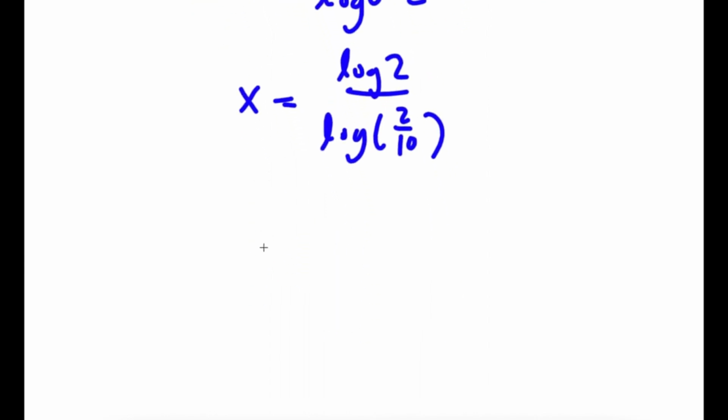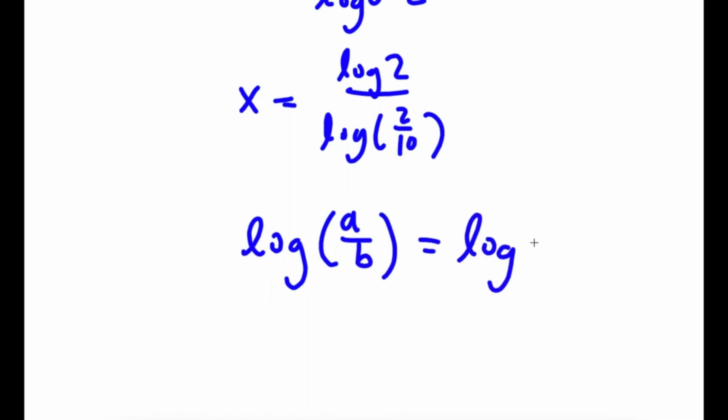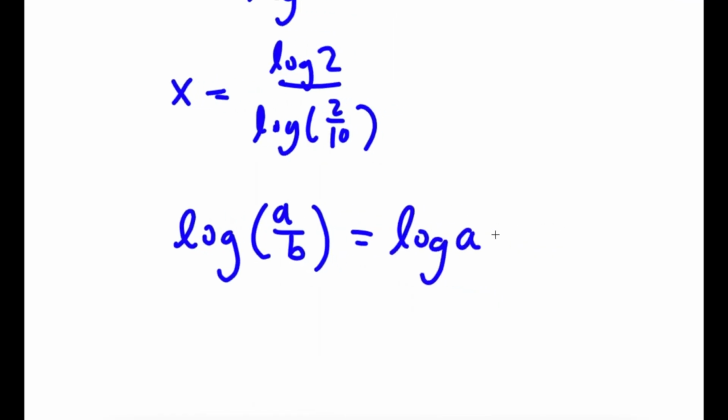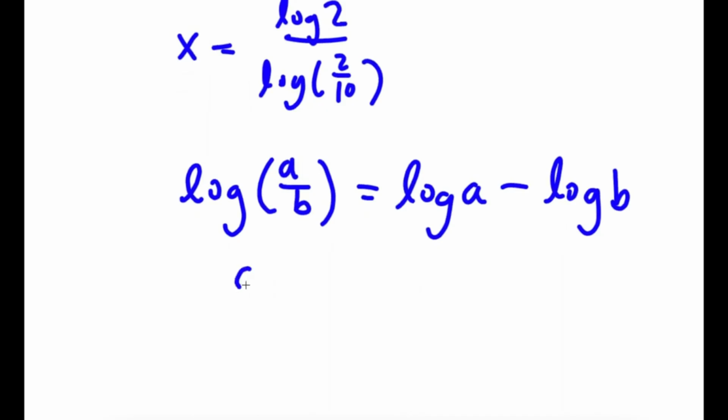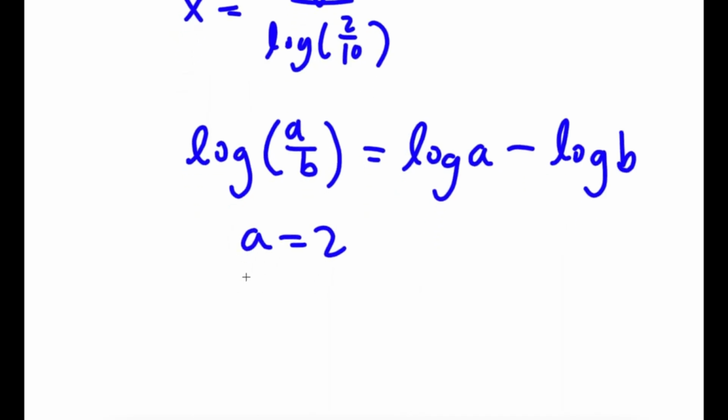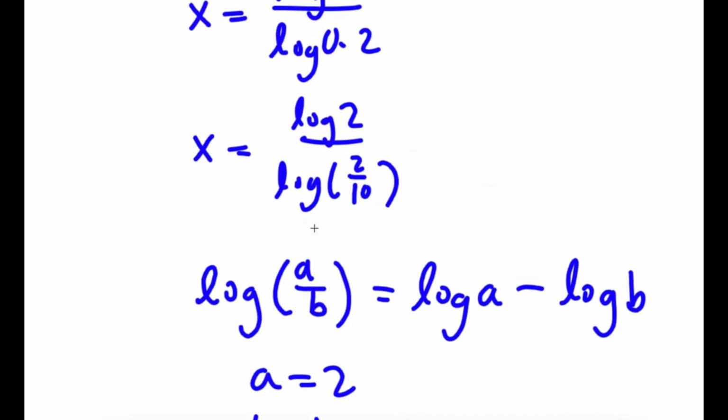And if I have something in the form log a over b, this is simply equal to log a minus log b. So in this case, a is 2 and b is 10.